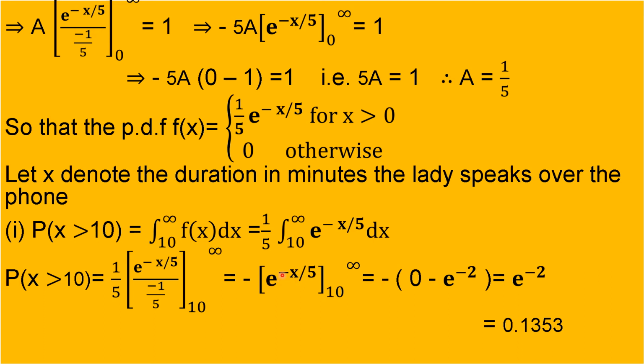Minus of e power minus infinity means 0, minus e power minus 10 by 5 means e power minus 2. So minus of minus, plus e power minus 2, using the calculator it will be 0.1353.